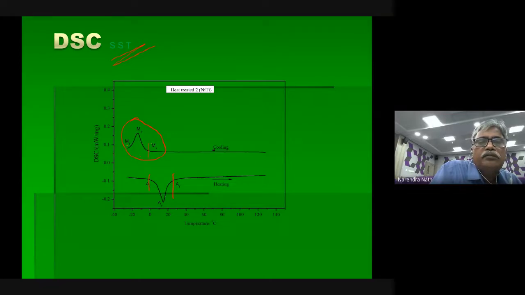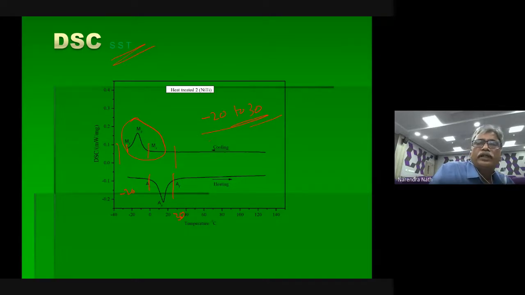If you take the overall hysteresis, say this is minus 20 and that is 30, overall hysteresis is minus 20 to 30. That means both the phases will start and finish: austenite start and finish, and martensite start and finish. So this is the hysteresis.